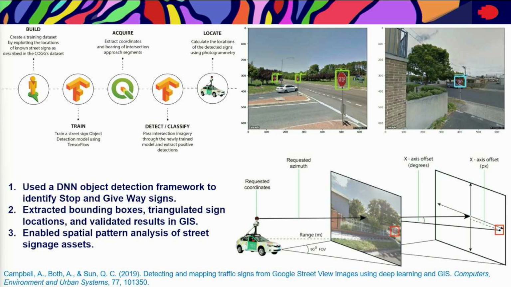This paper has received a lot of citations because it was quite early for deep learning object detection using Street View imagery. And currently, if you go to the Mapillary website, they already have the tool as an open source workflow. You can get stop signs or other gateway signs and traffic signs from their website.